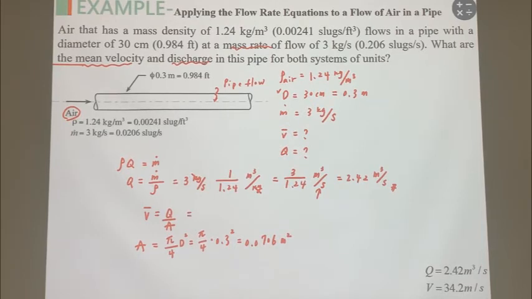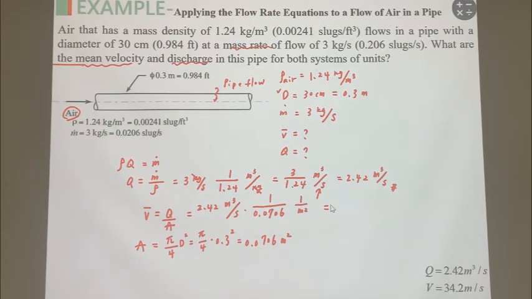Okay, since we have Q as 2.42 meter cubed per second, divided by the total cross-section area, I divide by 0.0706, and the unit is meter squared.